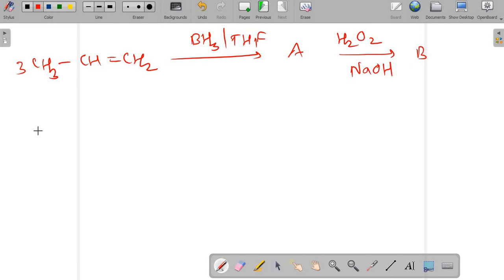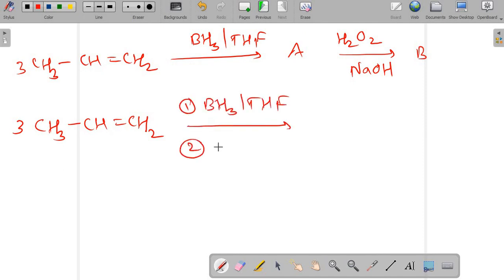Another fashion with same alkene, that is propene. The reaction can be asked like this: BH3 THF, and the second one, that is H2O2, NaOH. What is the product? So these are the 2 different fashions in which the reaction is asked. So what is A and B?